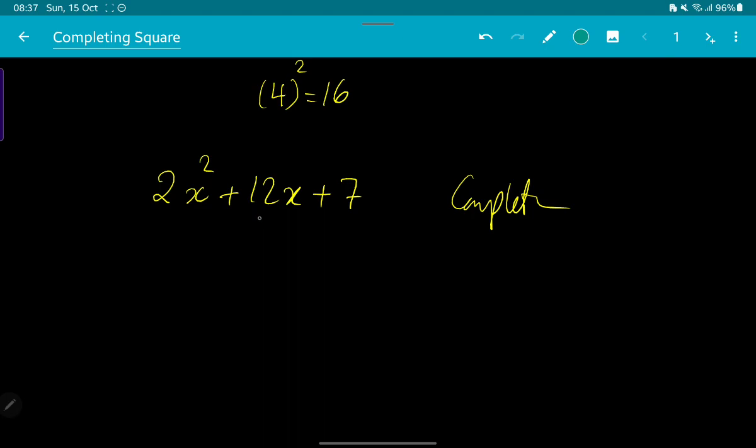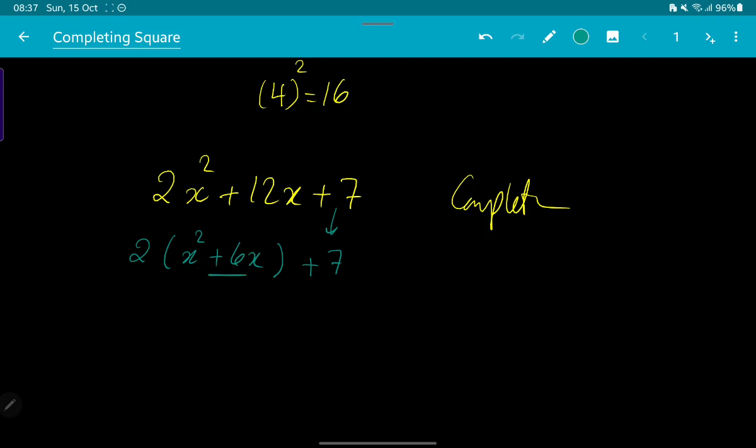Usually we take half of b, but then you should divide by 2. So instead of getting in this loop, we concentrate on the first two terms. We can take the 2 as a common factor. This will leave us x squared plus 6x, and this is 7.